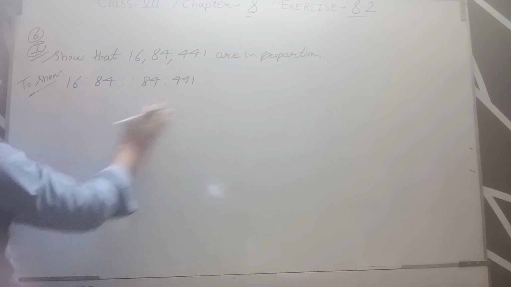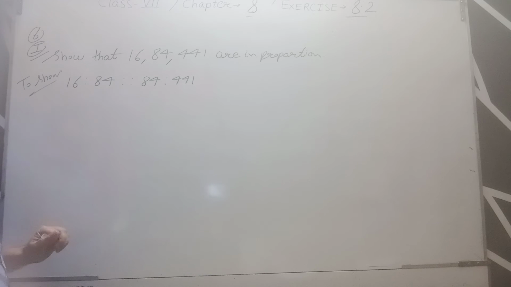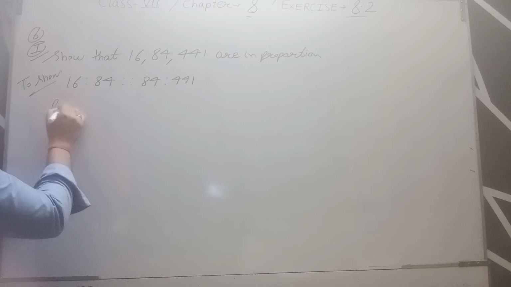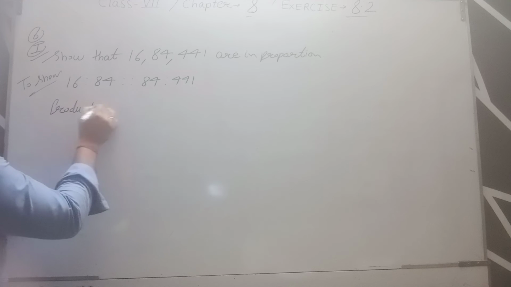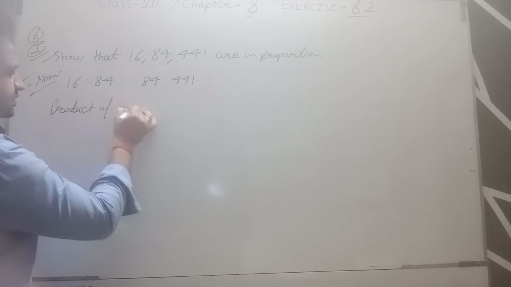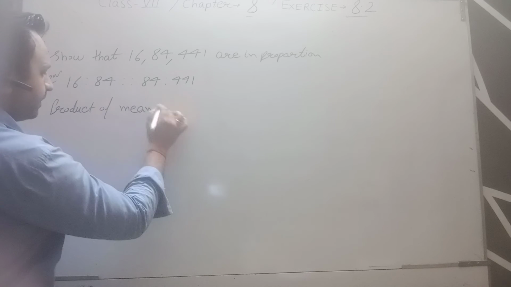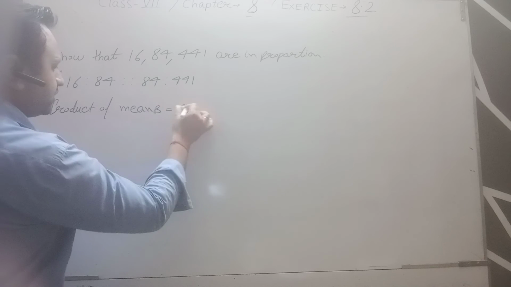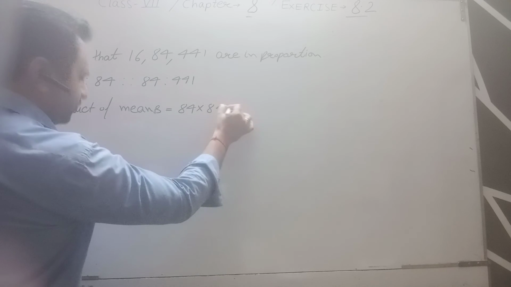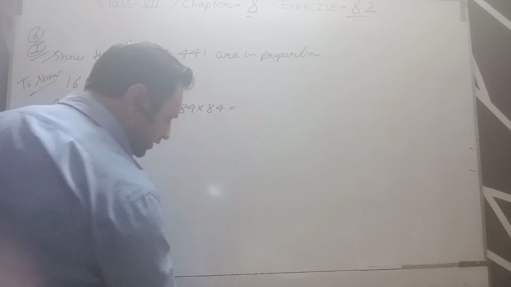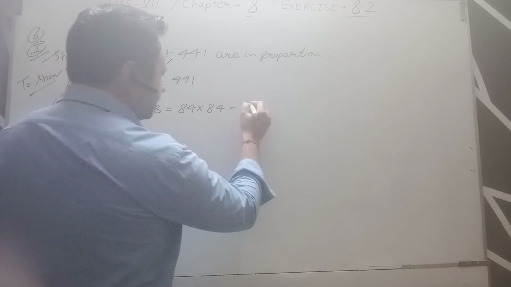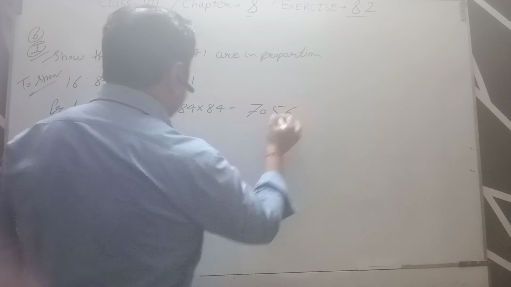And for checking this, we have to find the product of extremes and the product of means. So firstly, find the product of means. It means 84 multiply 84, and their multiplication is 7056.